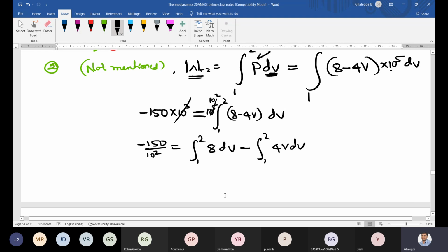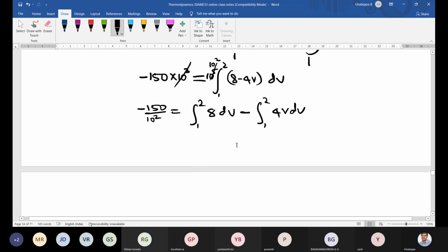If you are perfect in mathematics, you can do it directly. No need to write the split up. Here there are two terms, so I have written the integration separately. Again here it is 100. 100, 10 get cancelled, so minus 1.5. 15 divided by 10 is 1.5 along with minus.